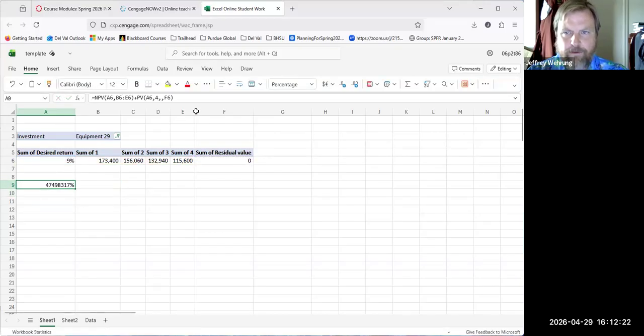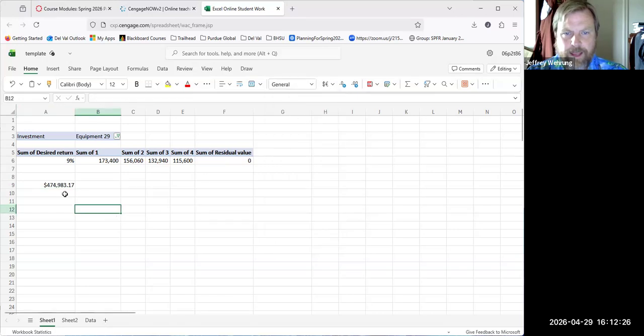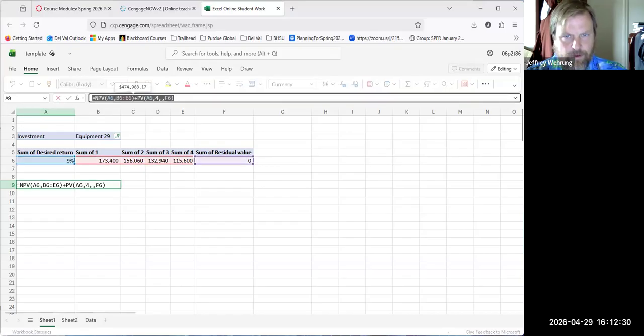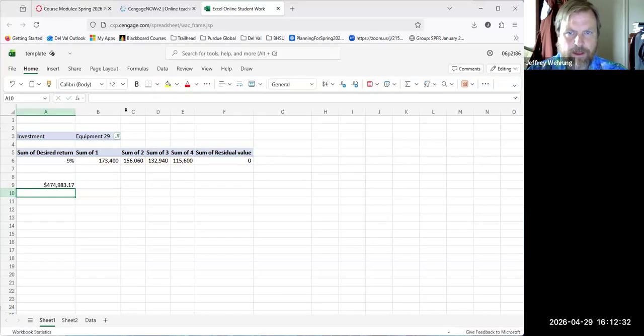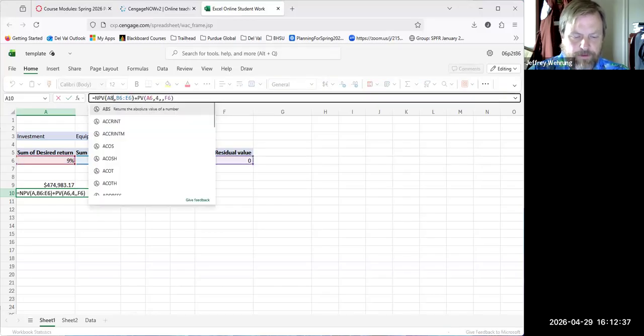And it gives me that. I don't want it as a percentage, I want it as a dollar. Okay, and then I would do the same thing. I would copy this, and I paste into this next one. Instead of using that, I would use 8%.